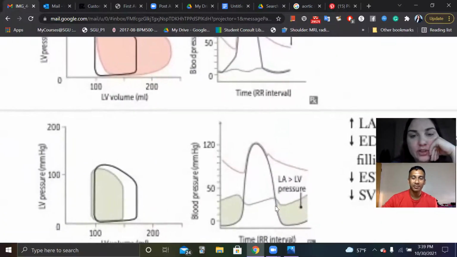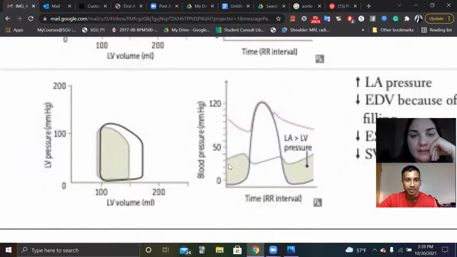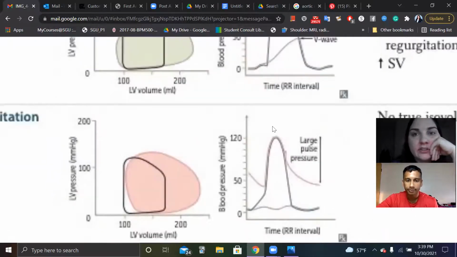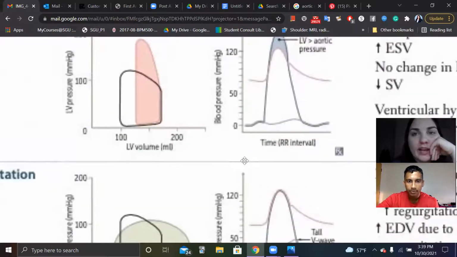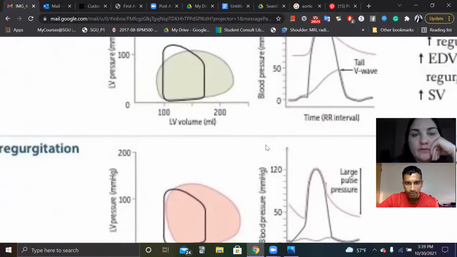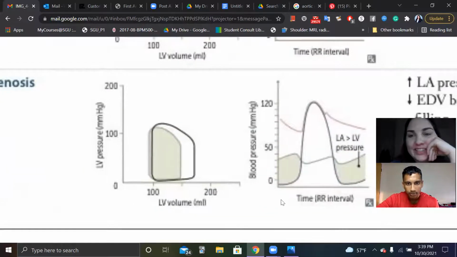And then mitral stenosis, you have this really high pressure here. So this one's pushed all the way up. The same way that your aortic stenosis is pushed way up with that stenosis, with mitral stenosis, you have the bottom line pushed up.